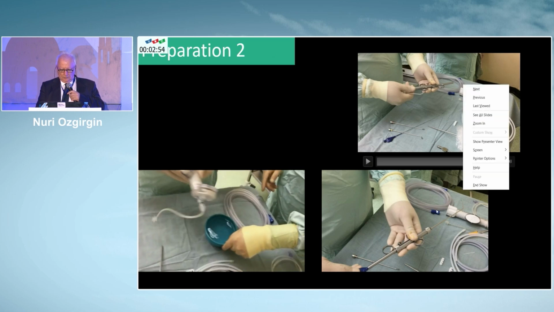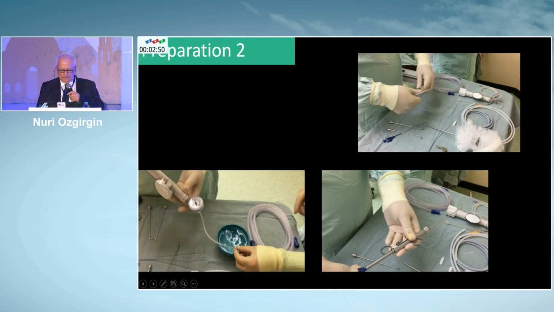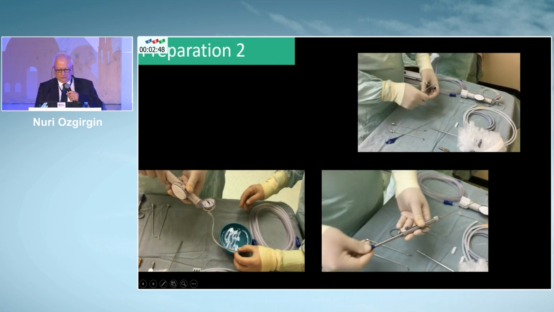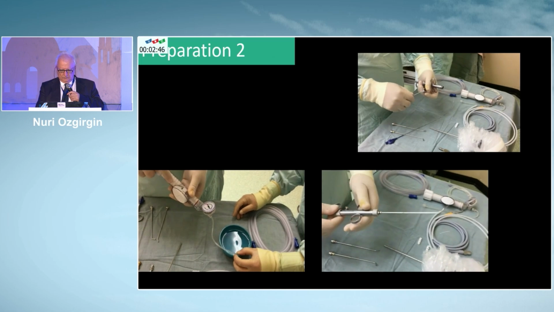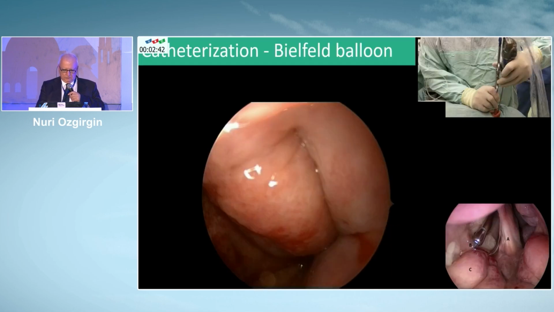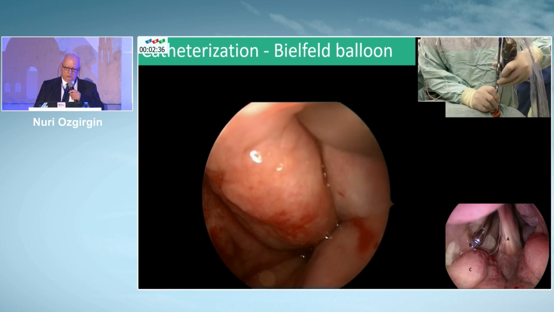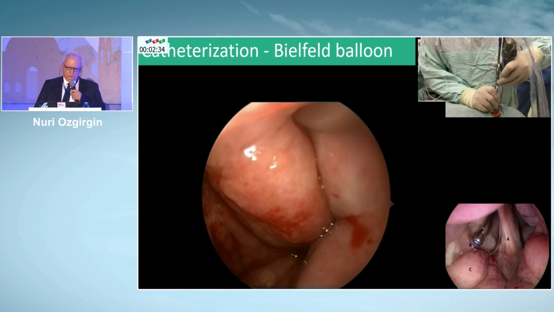After finishing this preparation, this is the BFS balloon that was introduced by Holger.